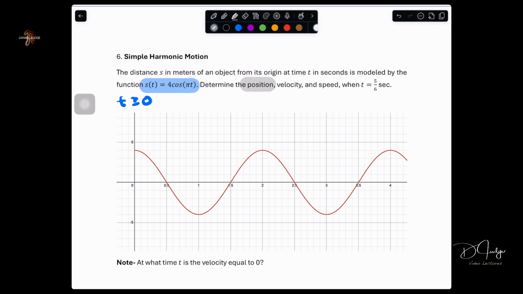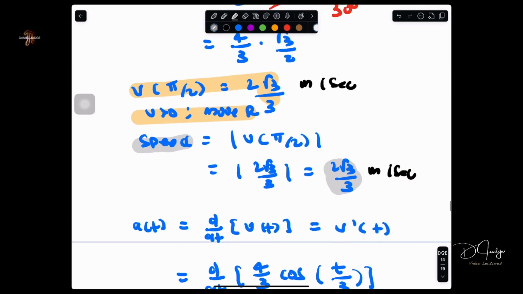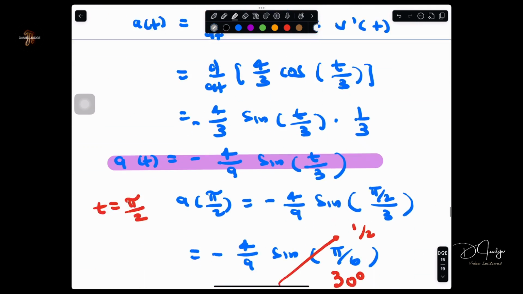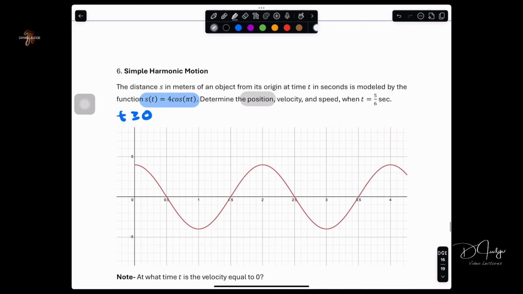They want us to determine the position. And if we go back and take a look at the colors, I guess velocity is orange. They want us to find the position, velocity, speed, and we added here acceleration.